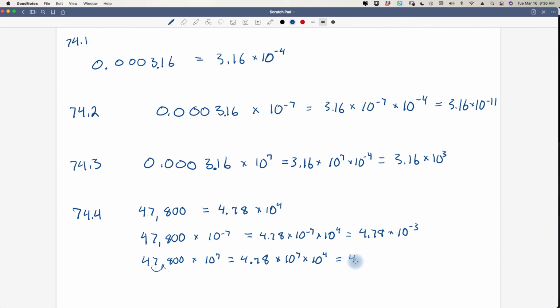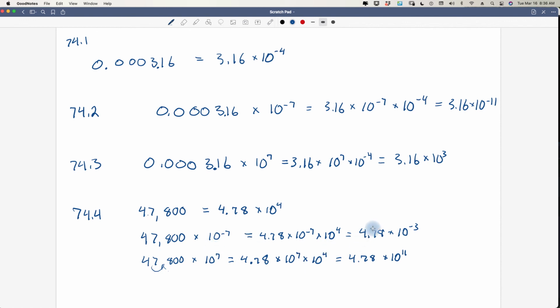And this time, 4.78 times 10, 7 plus 4 is 11, to the 11th. It's just the same way we've always done exponents. When they have the same base, then we can add and subtract the exponents based on their value. Okay? Easy peasy.